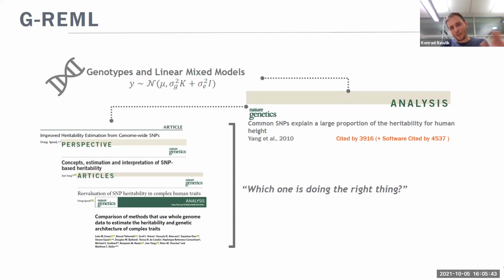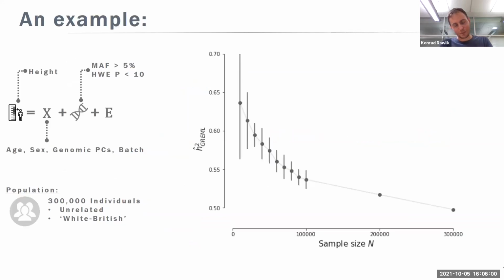So I'll give a very brief example of what I mean that these estimates are potentially behaving funny and not in the way you might be expecting. And it's not an esoteric example. It's the most straightforward example you could have in human genetics, estimating heritability of height.